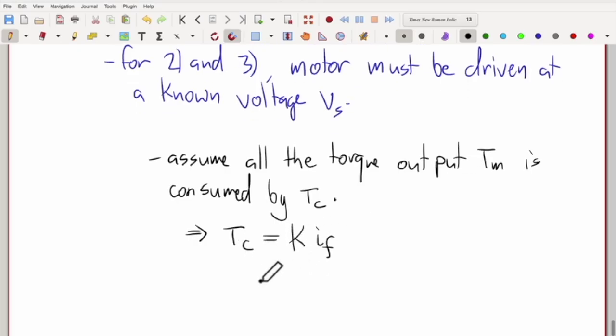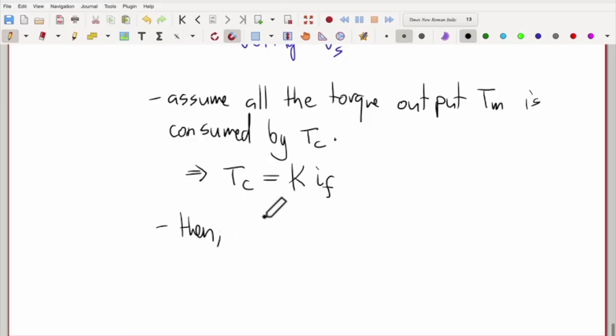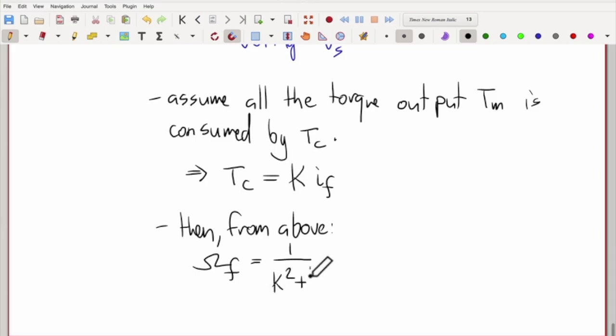Then we can use an equation from above. We have our definition of omega f equals 1 over (k squared plus b r) times (k vs minus r Tc). This is from the definition of omega f above.